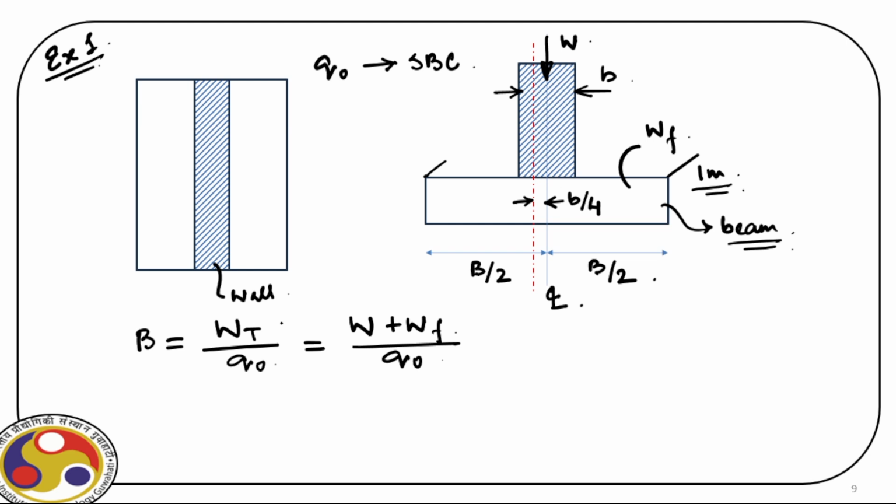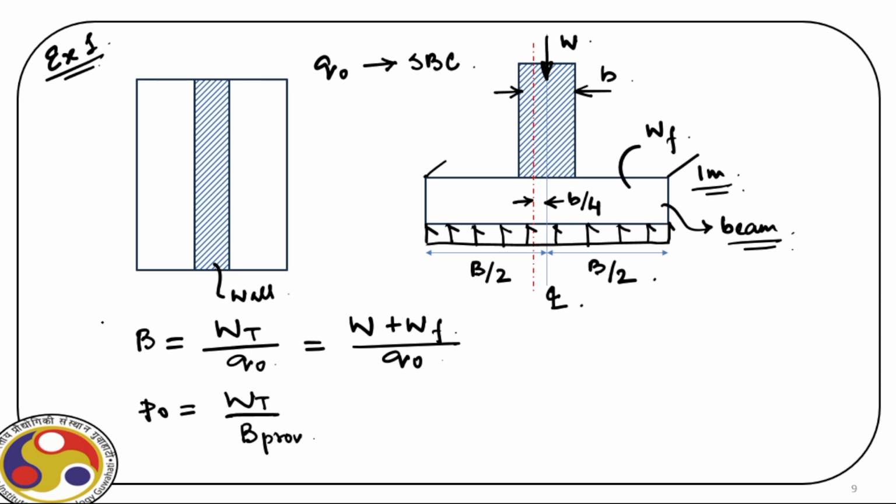Now obviously this will offer some pressure, a uniform pressure, so we can quantify that, which will be uniformly acting below the foundation. So P0 is equal to WT by B, the B that we provide.